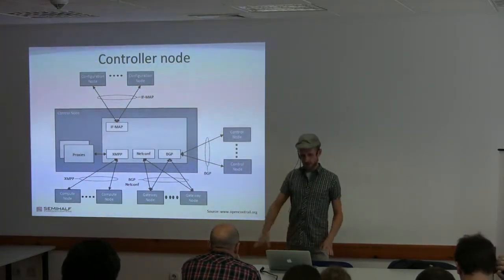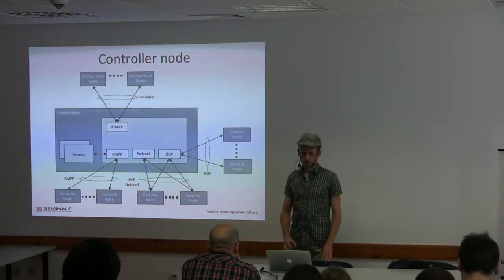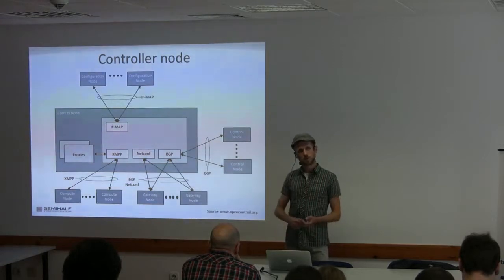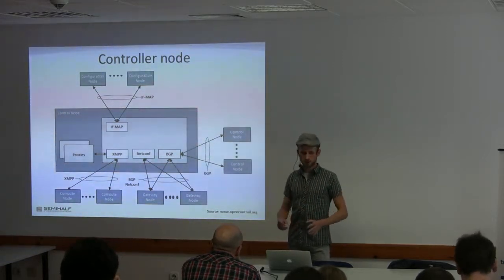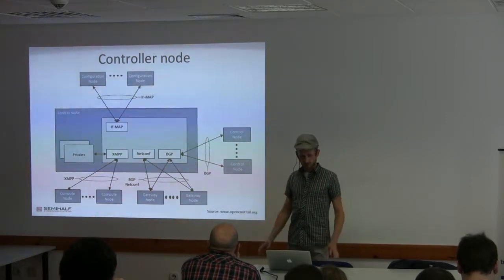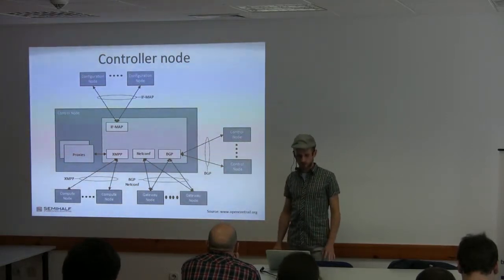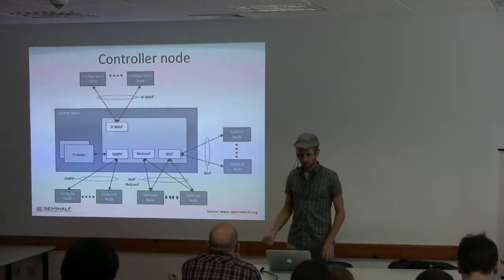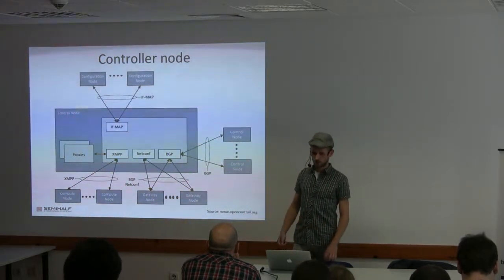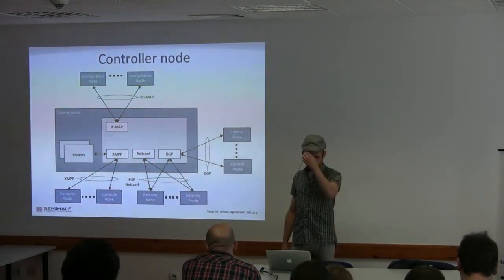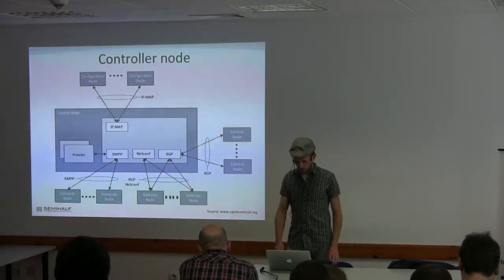Of course, there are a lot of control nodes, at least two. One compute node connects to at least two for redundancy reasons, and all of those control nodes are active. So if one goes down, the other automatically takes care of the job that the first one did. So we are very fault tolerant with this.